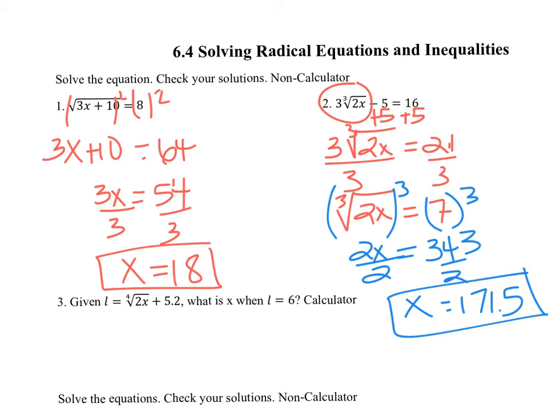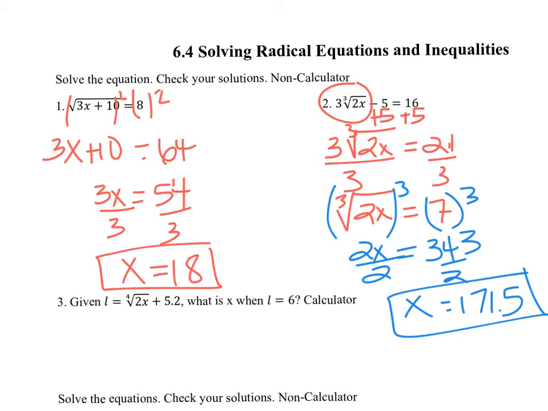Okay. If you were to plug in 171.5 for number 2, what you would find is that you had the cube root of 343, which is 7. And we'll multiply 7 times 3, which is 21, and then 21 minus 5 is in fact 16.